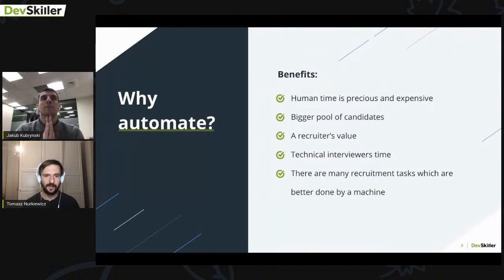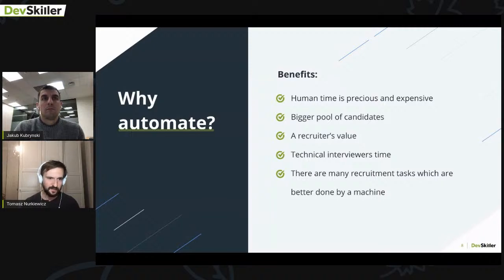Obviously, you will need a technical interviewer sooner or later. However, make sure that their time and their unique skills are used to pick the best candidates on the market rather than just doing tedious work that can easily be automated. So this applies both to recruiters and to technical people in your organization.